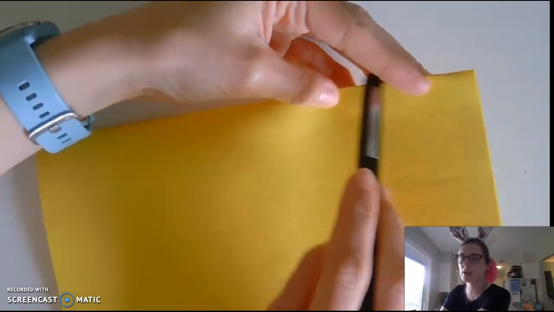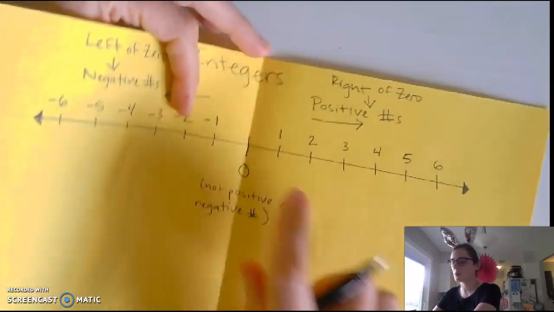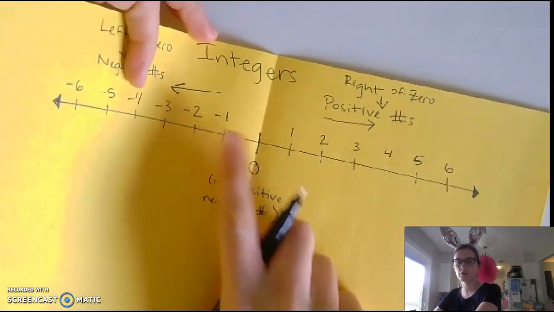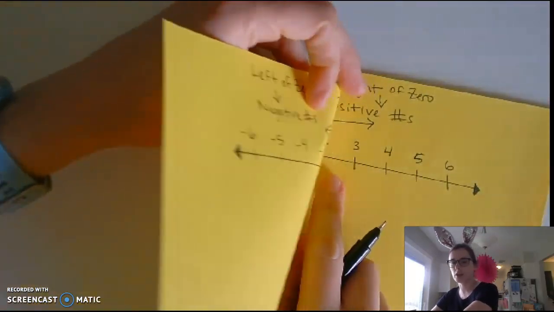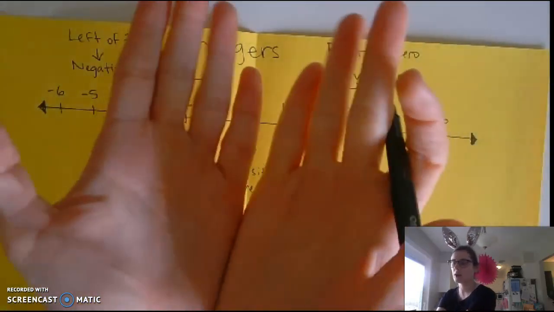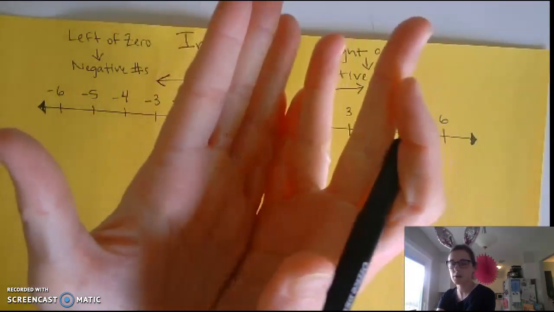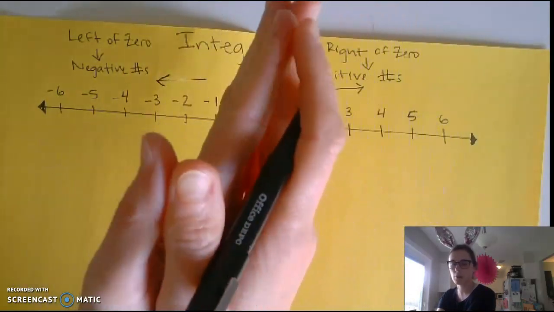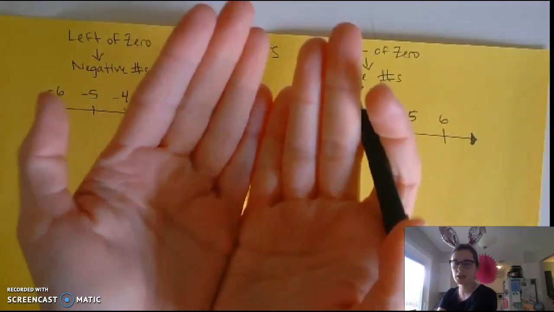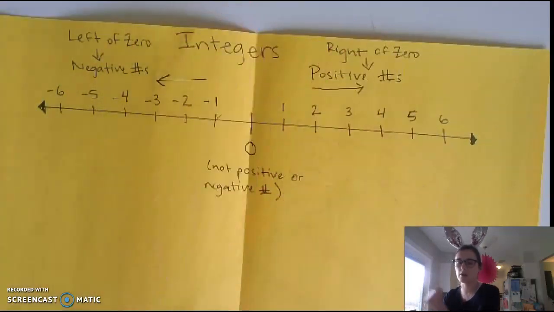If 0 is on that line and this is a mirror, my -1 and 1, my -2 and +2, and my -3 and +3 should be matching up. It's kind of like a book. If I do it with my hands, my pinkies meet, my ring finger meets, middle finger, pointer finger, and thumb. Same thing with positive and negative numbers, okay? So this side is the negative and this side is the positive.